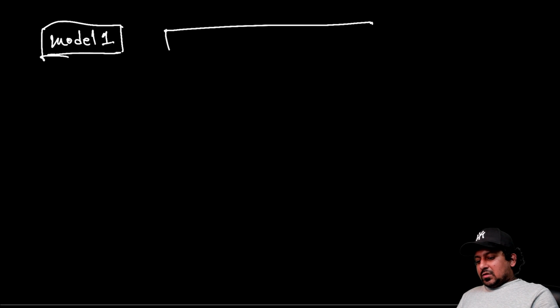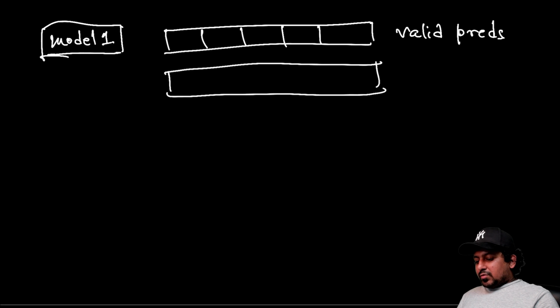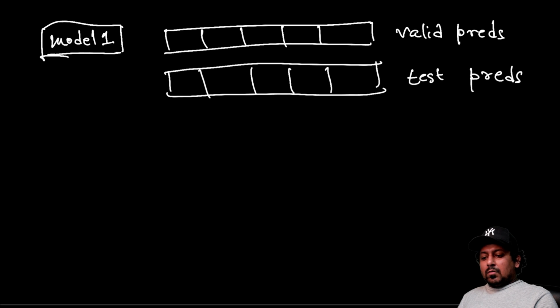It generates a list of predictions in the same order as the actual training data. So this is your valid predictions and your test predictions, which is the mean from each fold. Let's call it V1 and let's call it T1, and this comes from M1.